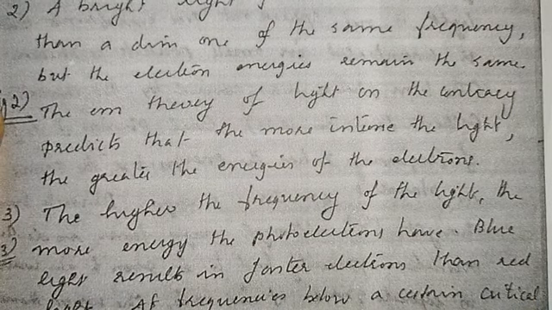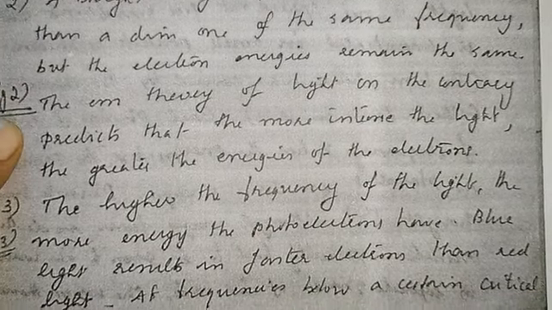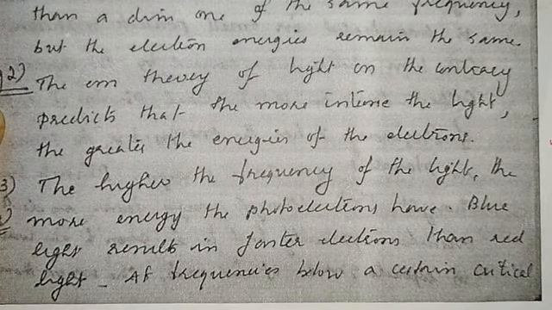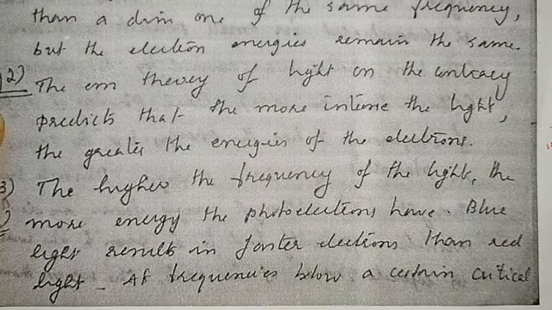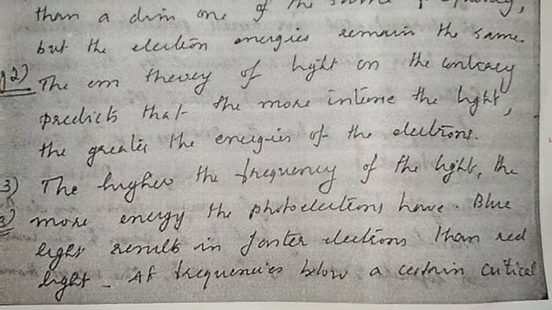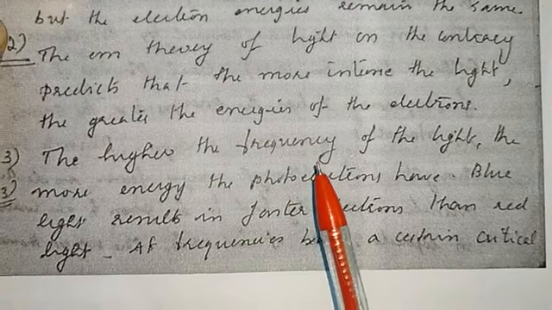But the energies of all the electrons emitted from the surface are the same. But according to electromagnetic theory, the greater the intensity of the light, the greater should be the energy of the electron. So this is another discrepancy we find.